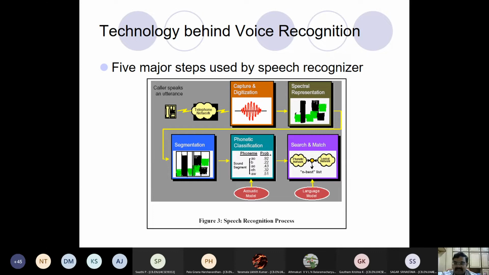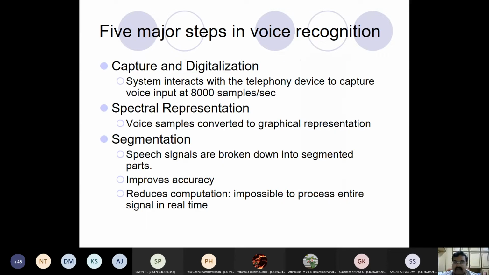That speech is captured as a waveform and digitized. Then we do a spectral representation of the digitized waveform, removing certain layers, certain frequencies. We do a segmentation of the waveform, do a phonetic classification, isolate the phonemes, and store them in the database, and that is the acoustical model.